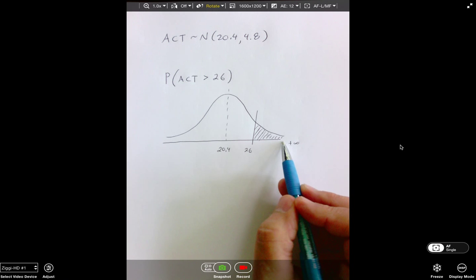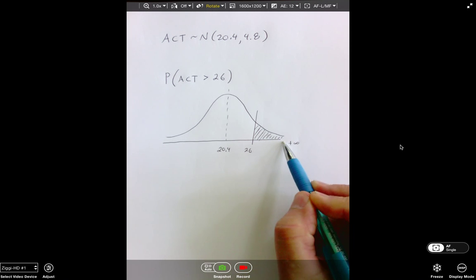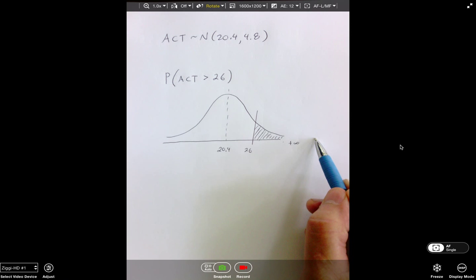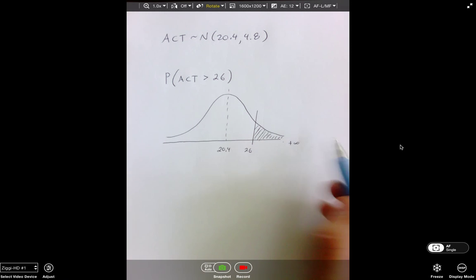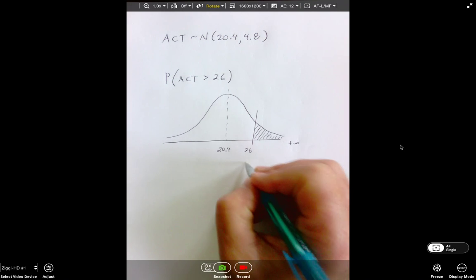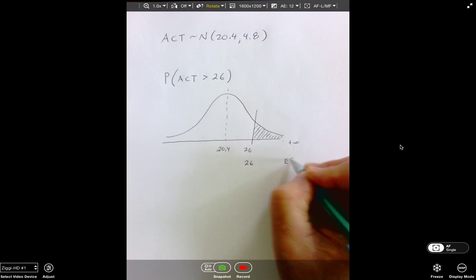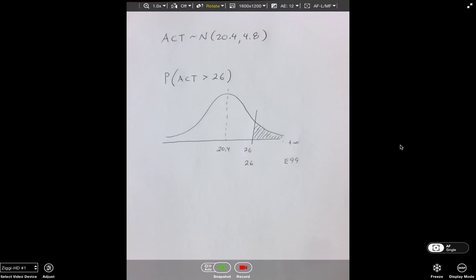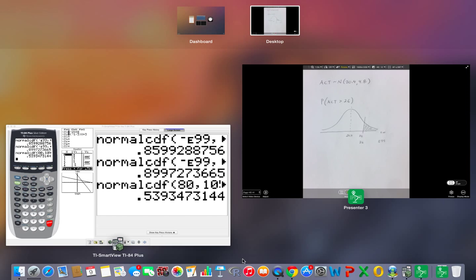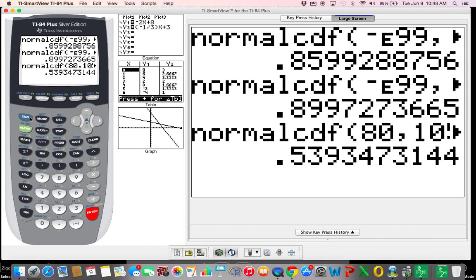Even though you can't have an ACT of 40 or 100,000 or 3 million, there's not much area out there anyway, because of this asymptotic behavior. So we're still going to run this thing from 26 out to E99, long story short. So guys, let's do it.